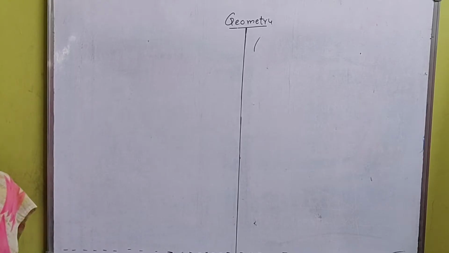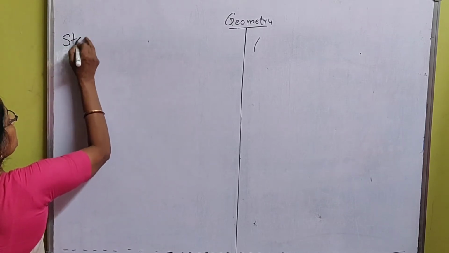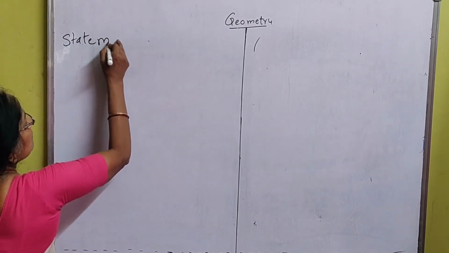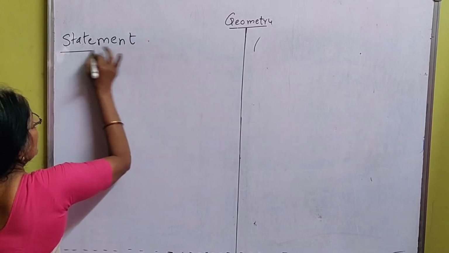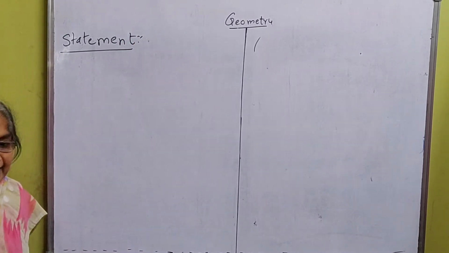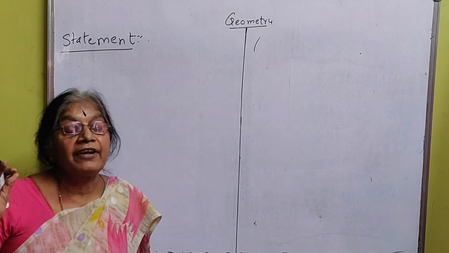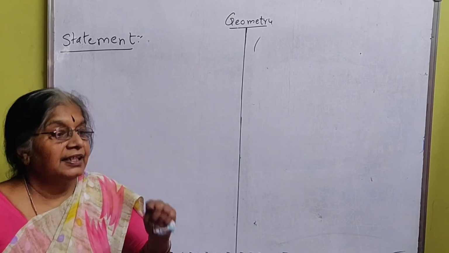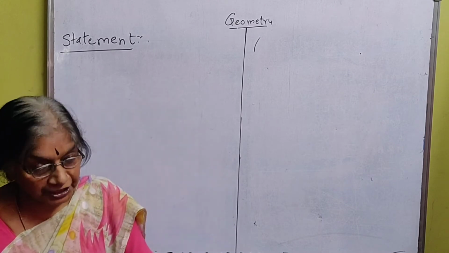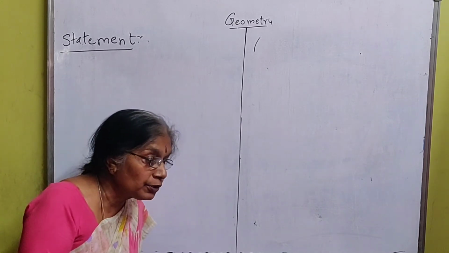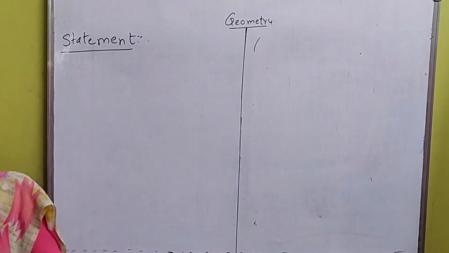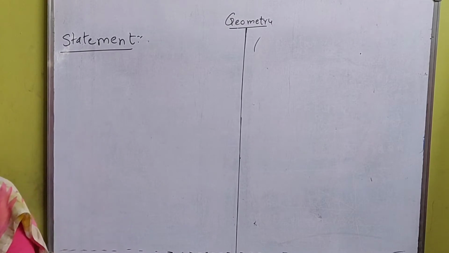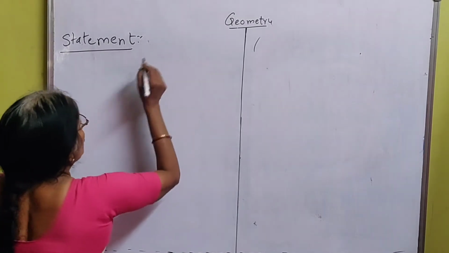In any right angle triangle, a very important statement. What does the statement say? In any right angle triangle, prove that the square of the hypotenuse is equal to the sum of the squares of the other two sides. So very important.